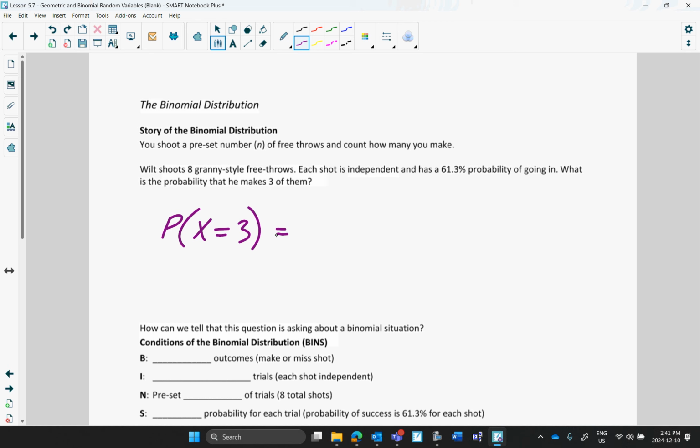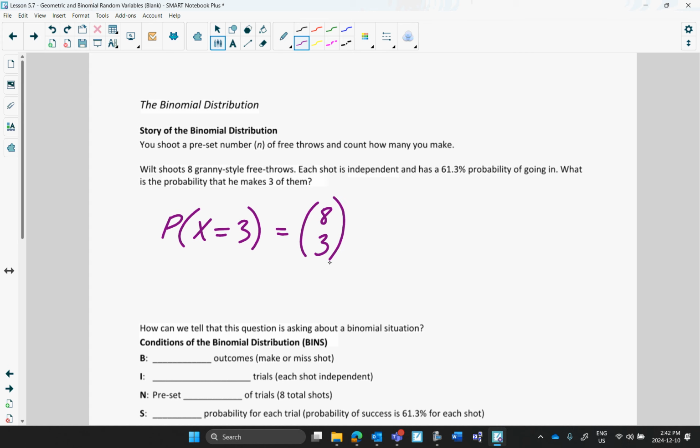It could be the first one and the 4th and 5th one. There's a whole bunch of combinations. What I need to find is how many ways can I make 3 from 8? So I've got 8. How many ways can I choose 3?